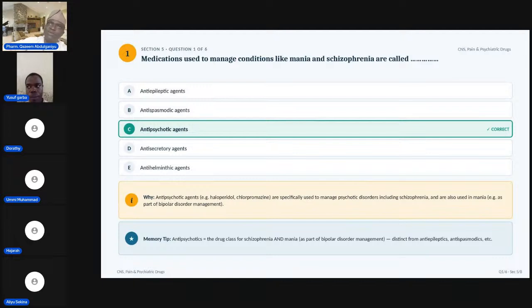Bipolar means that somebody has two opposite ends of a condition. You see the same patient being very talkative or very active, and after a while the same patient will become very moody again.